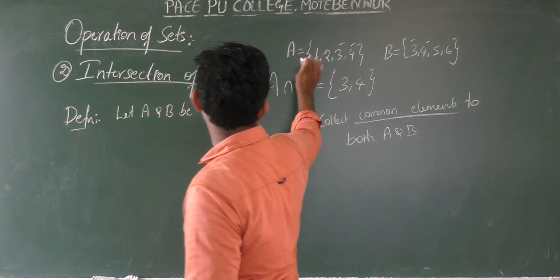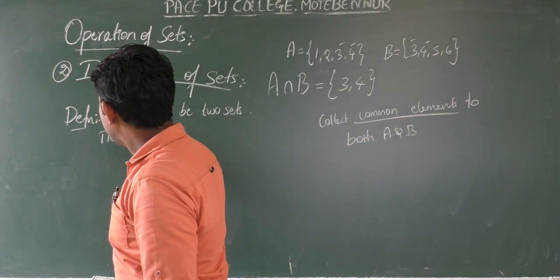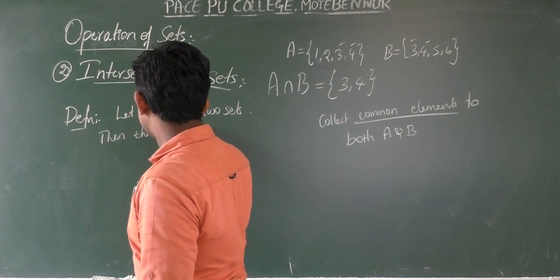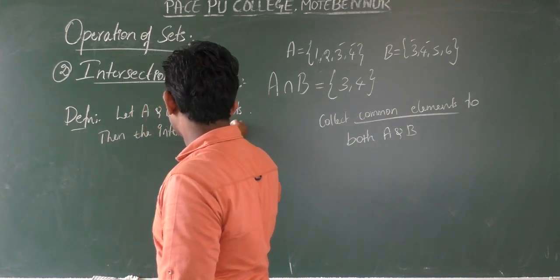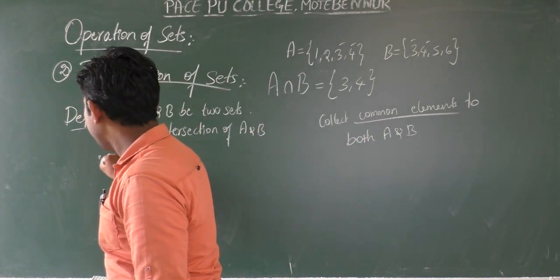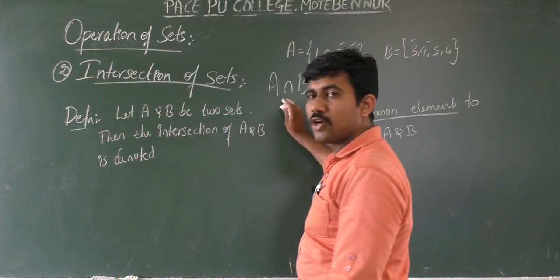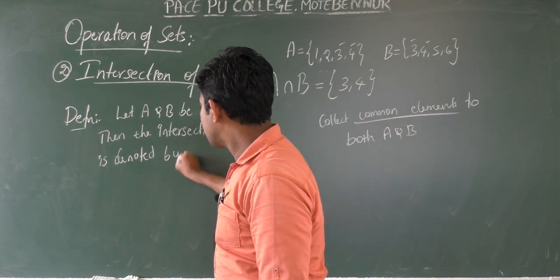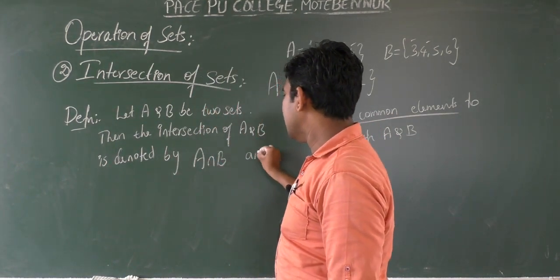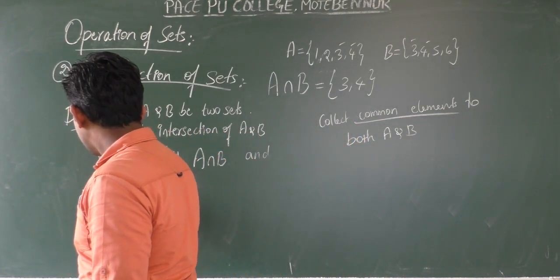Then the intersection of A and B is denoted by this symbol, A intersection B, like this, and is defined as... how to define?